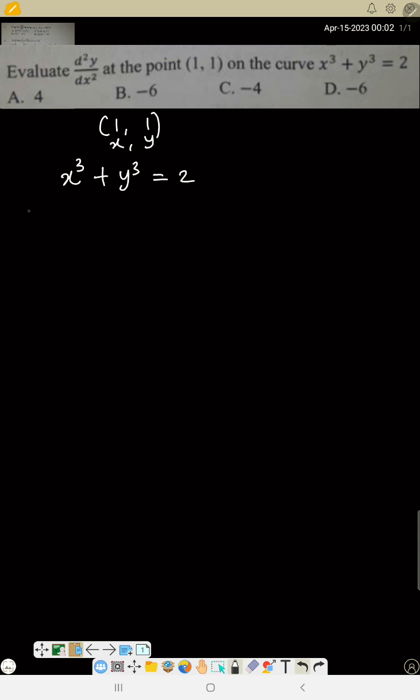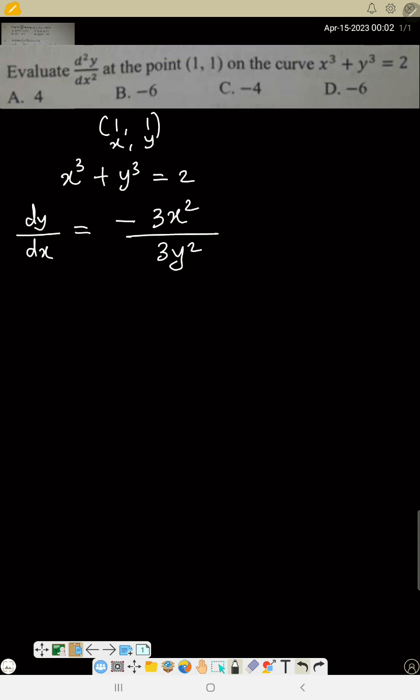So I'm going to use the short method of implicit again. So dy dx is minus, always start with minus, now differentiate x, that will be 3x squared, divided by differentiate y, that will be 3y squared.